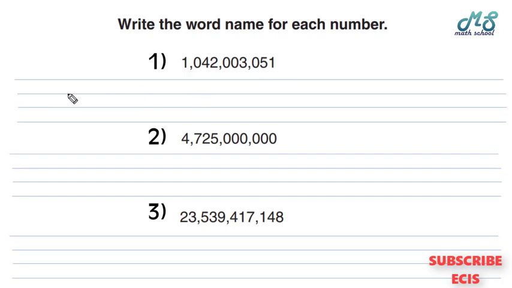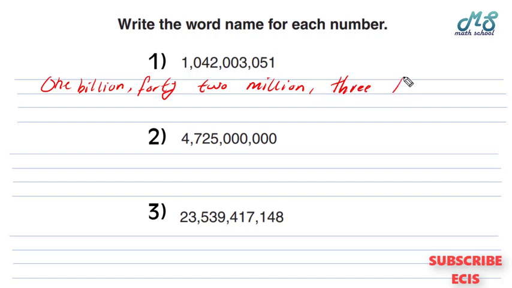So you have to write in letters: 1 billion, comma, 42 million, 3,000, comma, 51.